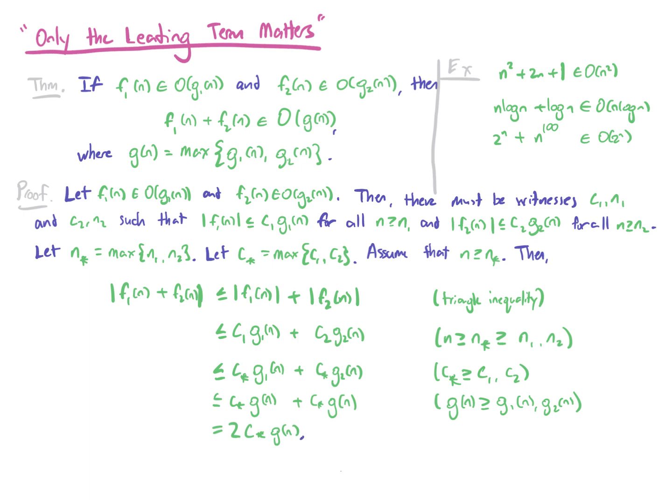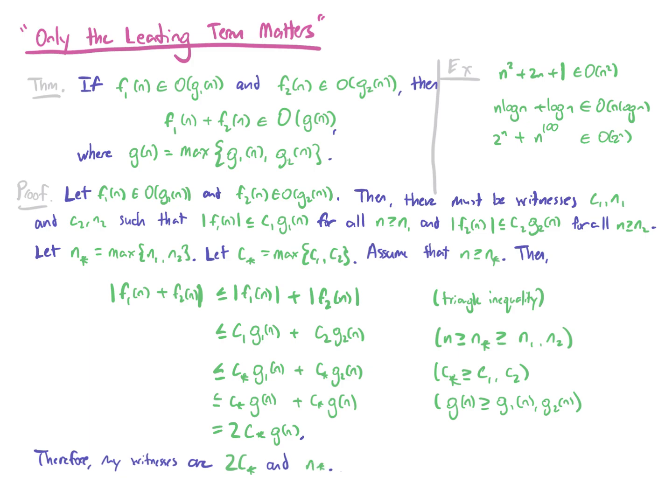I assumed this for any choice of n greater than or equal to n star. And so my witnesses are 2 times C star, that's my witness for C, and n star.